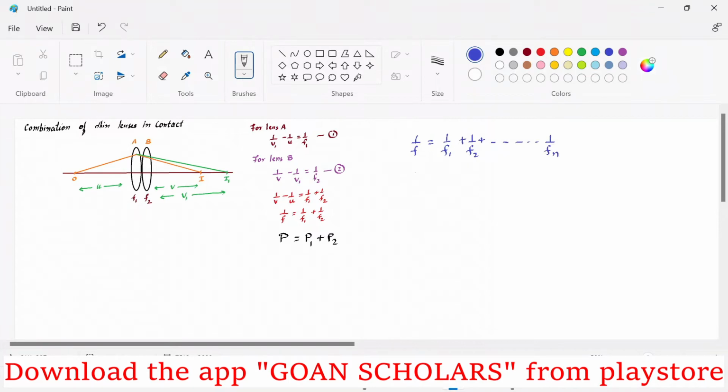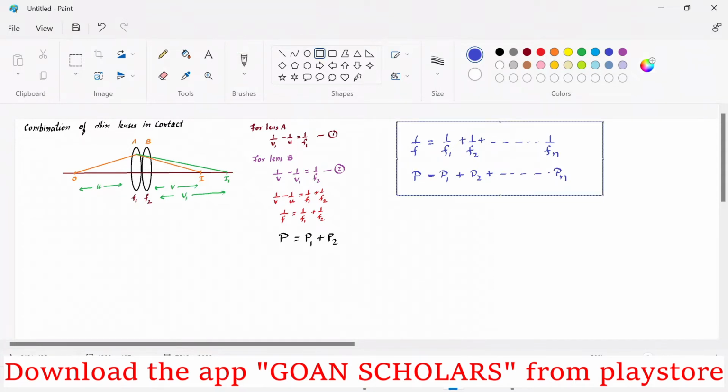Similarly, the combined power can be written as P1 plus P2 plus ... Pn. These are the two important expressions while solving the numericals. I hope this is clear.